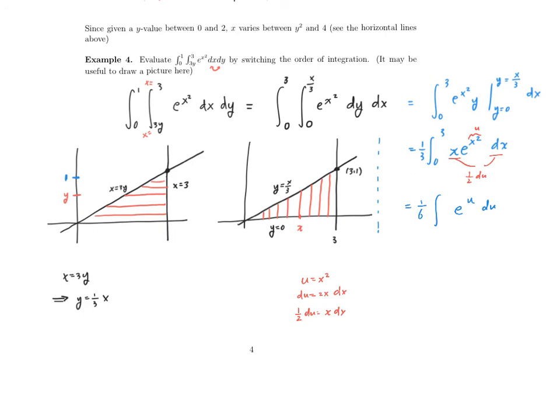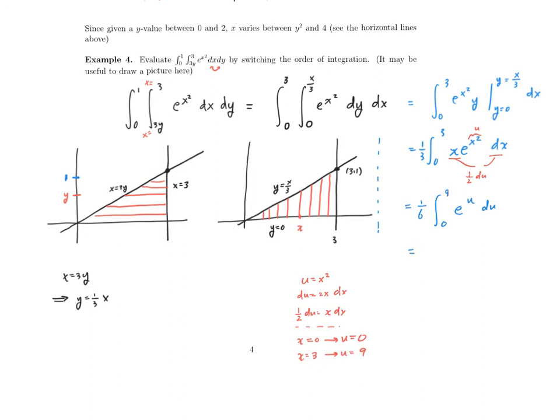In terms of our limits of integration, we can just think in terms of our substitution. When x is 0, u is 0 squared, which is 0, our lower limit. And when x is equal to 3, our upper limit, u is 3 squared, which is 9.